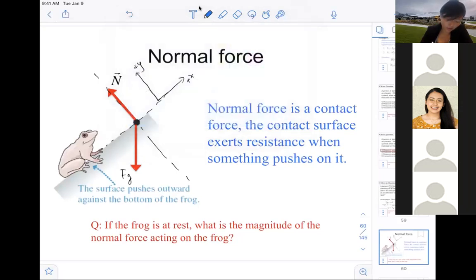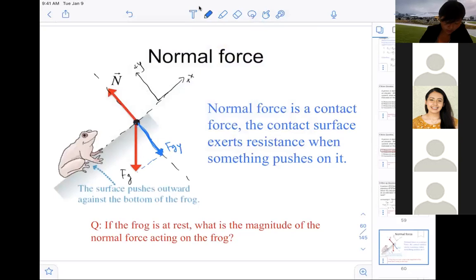So this is your F of g, and the Y component is in the direction perpendicular to your surface, right? So here you have F of g in the Y direction. Okay, so this is your Y component.